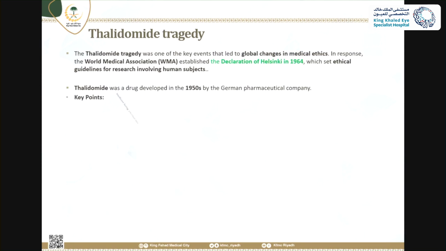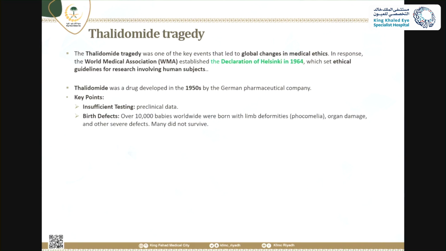So the issue with this drug is that there was no preclinical study, there was no safety profile from the preclinical stage. They took this drug immediately to human beings to be tested. As a result, there were more than 10,000 babies with birth defects, in addition to thousands of deaths.